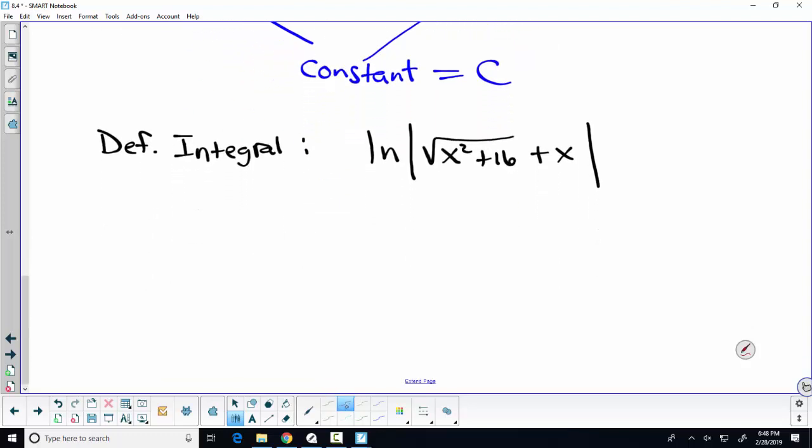Can we get rid of the absolute value? Yes. How come? Since x is in the interval from 0 to 1, according to our bounds, the square root of x squared plus 16 is a quantity that's always positive, plus 0 or some number that's always positive.